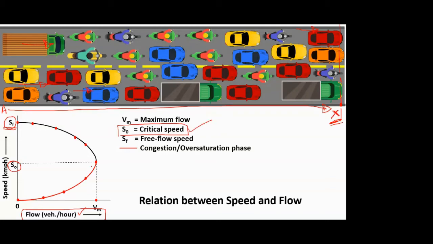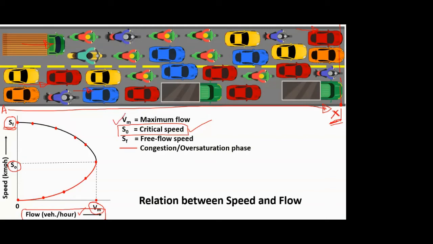Okay. And below this, when the speed drops below S0, then the congestion starts on the road. And that can be seen on this red curve also. And then the flow values also go on decreasing. So corresponding to S0, the flow, if you see, is the maximum flow, that is VM.